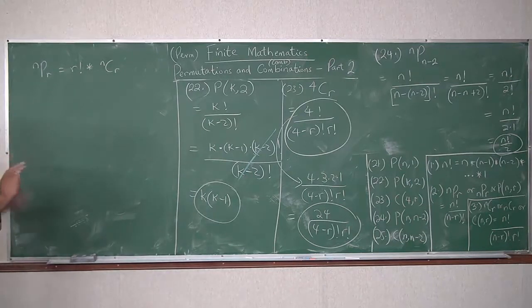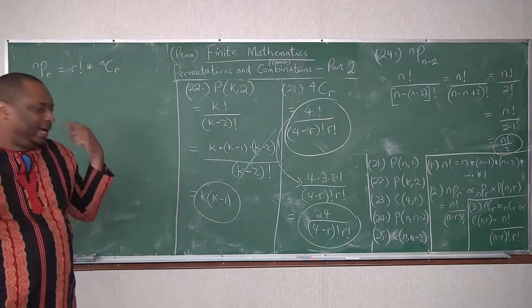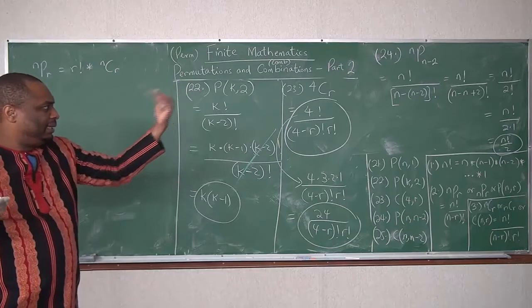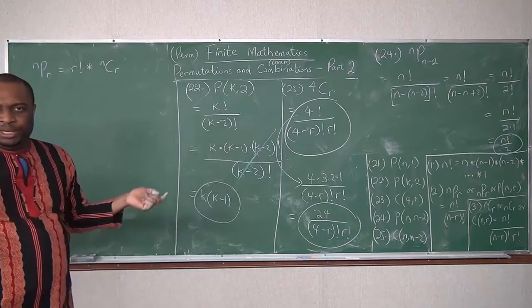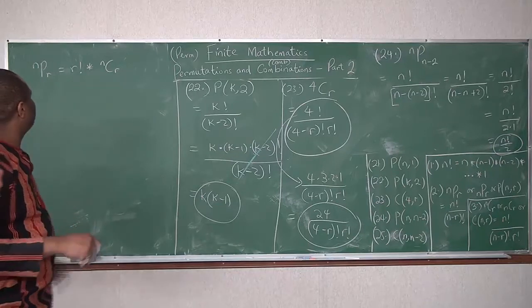So let's do 25. Let's see whether we can do 25 two ways. First way, let's try to do it by the definition of what the combination formula is. And second way, let's see whether we can do it by this.